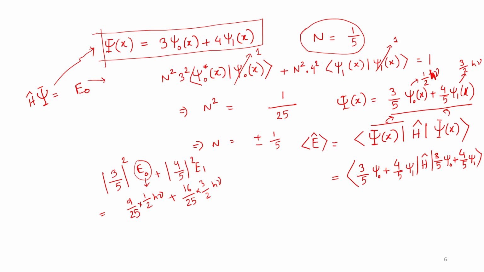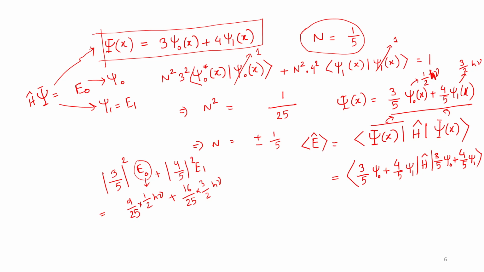If it collapses to psi 1, then you will get the energy E1. So if you do this measurement multiple times, you will get different values: E0, E1, E0, E1, or E0, something like that. Before doing the measurement, you don't know. So that is the collapse of a wave function, and that is the entanglement thing. It is entangled before doing the measurement, and after the measurement you will get one of them.